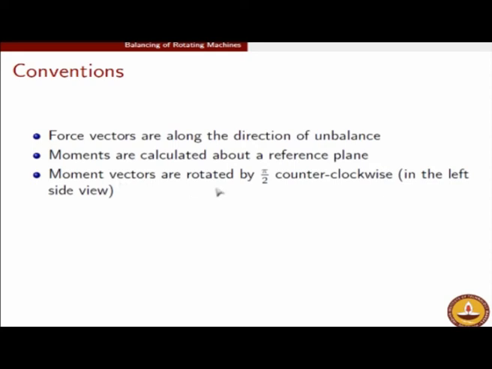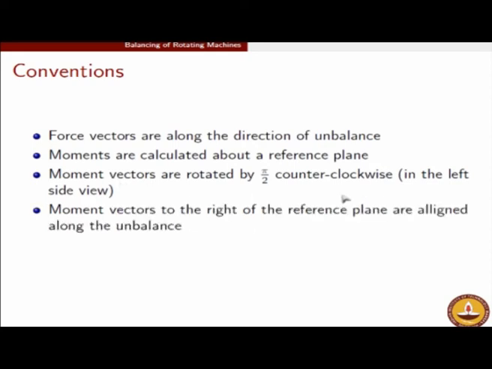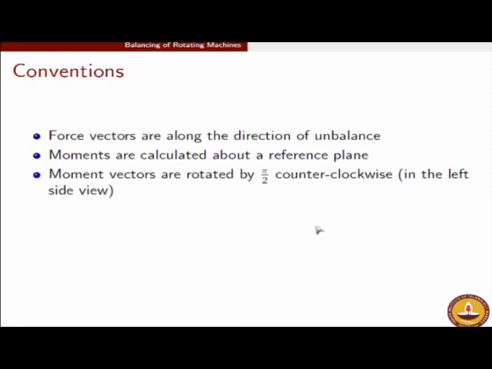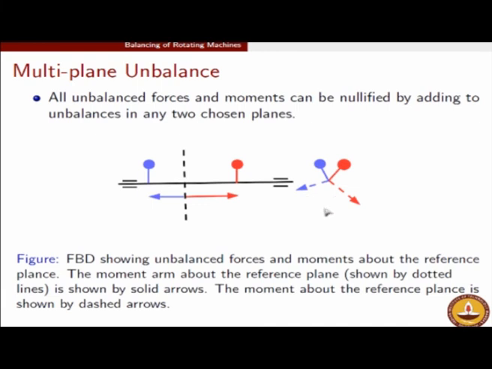As we have observed, moment vectors are rotated counterclockwise in the left side view. Now what we are going to do is the following. These dotted lines represent the actual moment vectors, right?